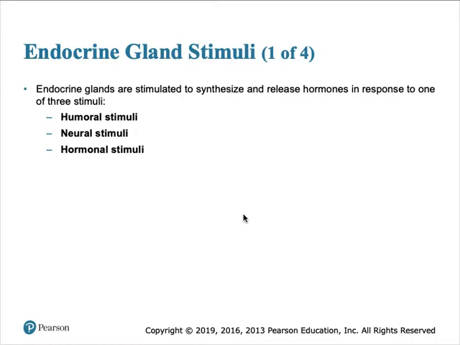Okay, remember the word humors is the kind of old ancient word for blood. So a certain level of something sitting in your bloodstream can trigger release of a hormone. It can be neural stimulus, so the nervous system triggers the release, or it can be hormonal stimulus. Another hormone tells that endocrine gland to secrete a hormone.